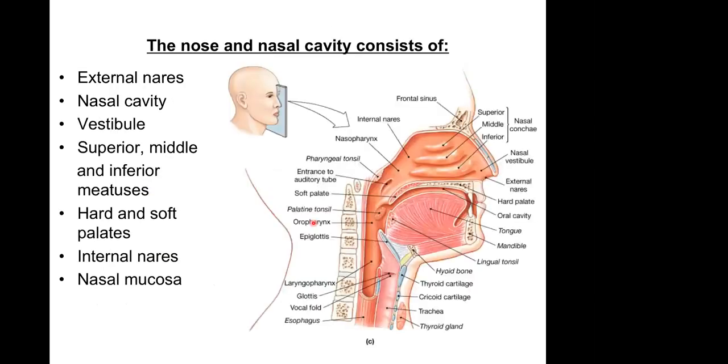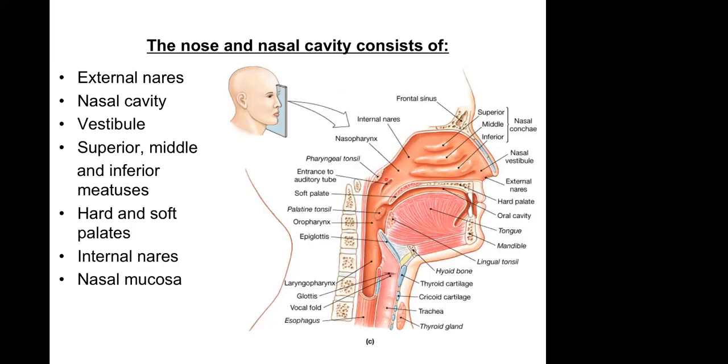So anatomically: external nares, air goes in, all the nasal conchae, the nasal meatuses between the conchae, then the internal nares, meaning the internal part of the nose. Right behind the internal nares, this long area is called the pharynx. The pharynx is divided into three parts: nasopharynx, oropharynx, and laryngopharynx, the bottom part.